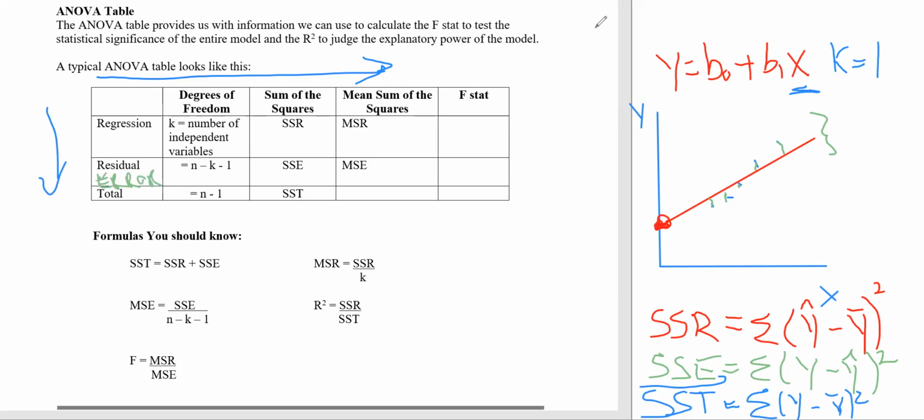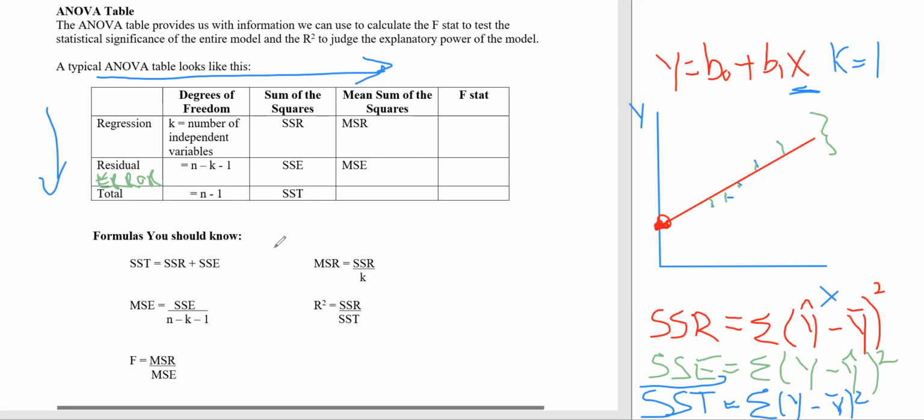The term residual could also be used. And what are the degrees of freedom here? The degrees of freedom are n, the number of observations, minus k, the number of independent variables, minus 1. So sometimes you see it written as n minus 2. That would be our case. And in the total model, it's just n minus 1.